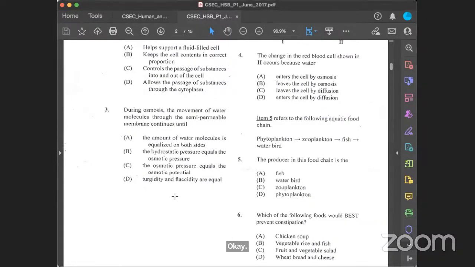During osmosis, the movement of water molecules through the semi-permeable membrane continues until hydrostatic pressure equals the osmotic pressure. Yep, that's what osmosis is.